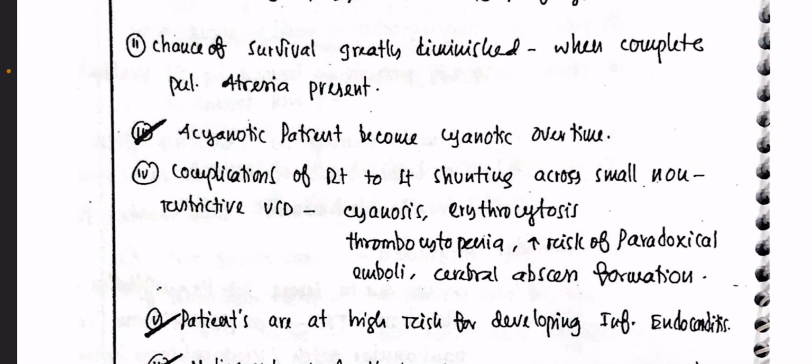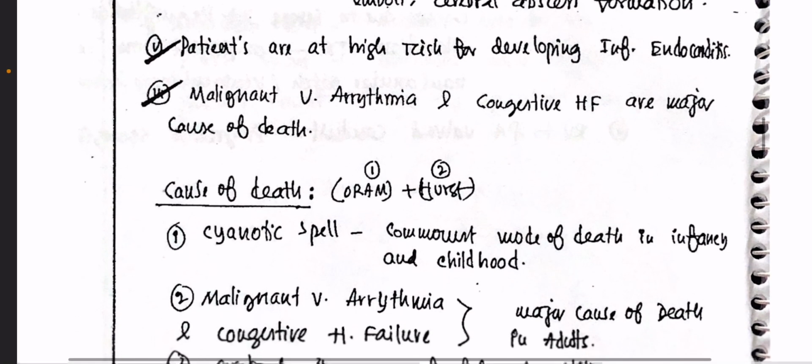Complications of right to left shunting across a small non-restrictive VSD cause cyanosis, erythrocytosis, thrombocytopenia, increased risk of paradoxical emboli, and cerebral abscess formation. Patients are at high risk for developing infective endocarditis.